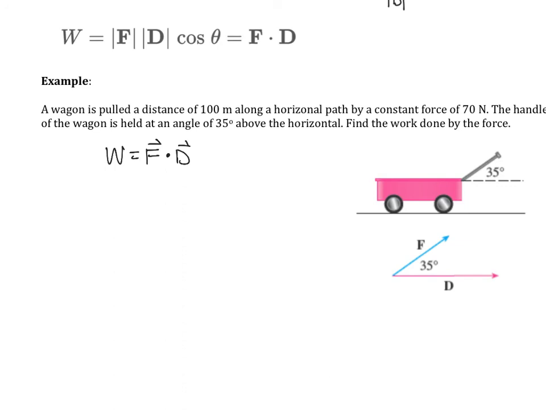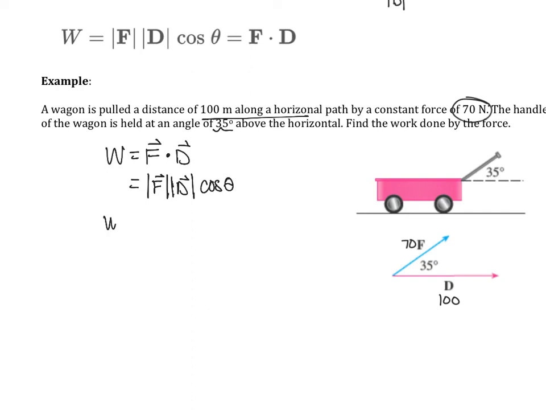That would be equivalent to the magnitude of F times the magnitude of D times cosine of theta. We know that information because it says that the wagon is pulled a distance of 100 meters along a horizontal path, so D is 100, by a constant force of 70 newtons. So the magnitude of that force would be 70, and the angle is 35.